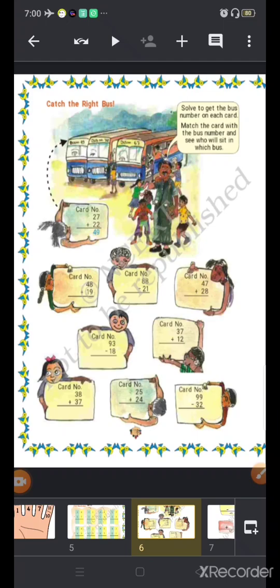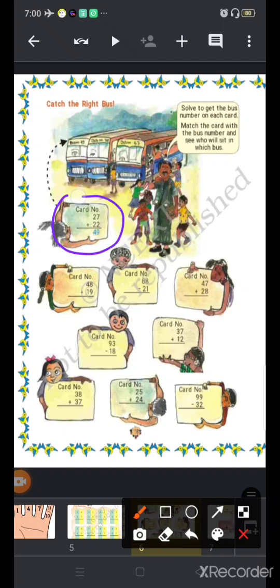Here some cards are given, and on these cards some addition and subtraction are given. With the help of addition and subtraction, you will find out the bus number. Match the card with the bus number and see who will sit in which bus. First you will add or subtract and then you will match.